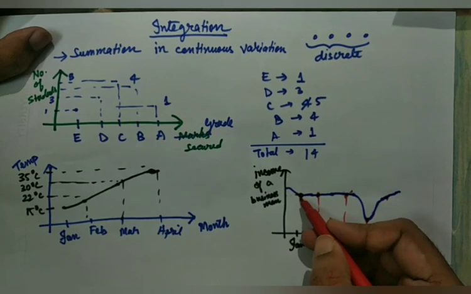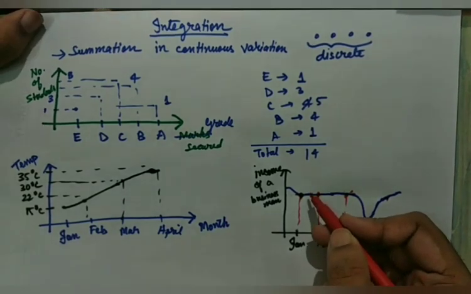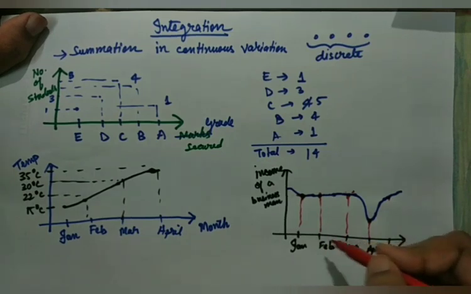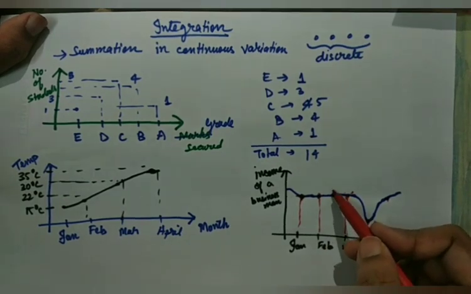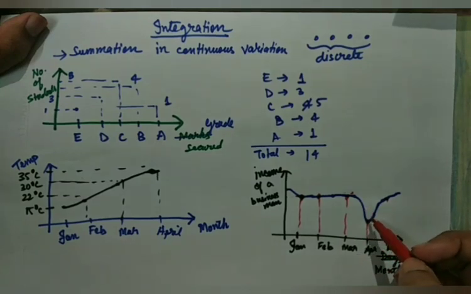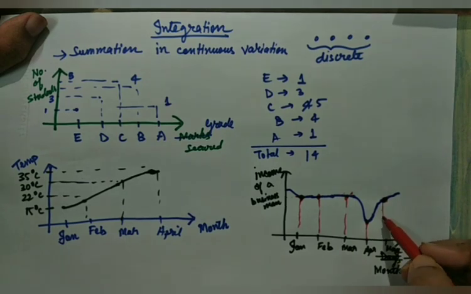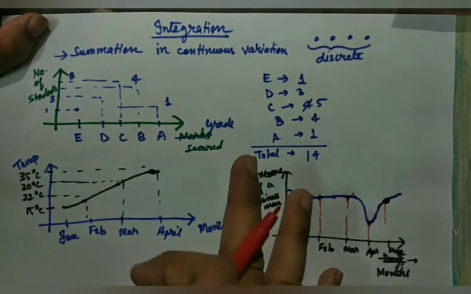From January to February you have to get the data in between, 15th January, 20th January. From February to March, like 15th February, 18th February. And between April and May, if I give you only the data of May and April, the middle part, this increasing curve, you cannot account for.